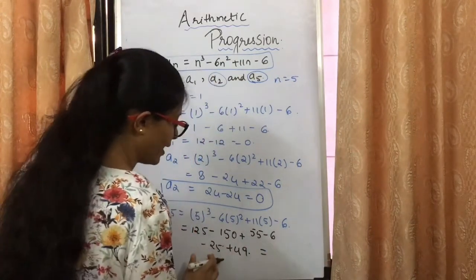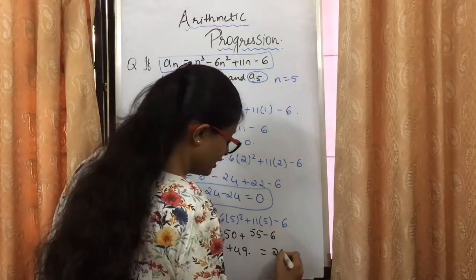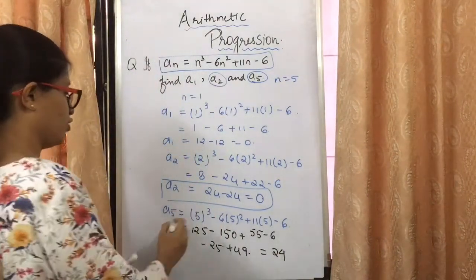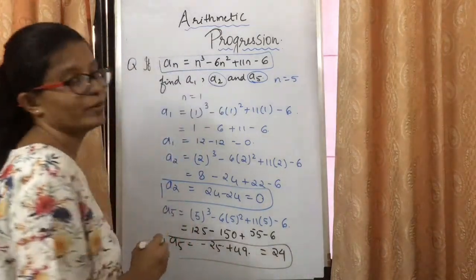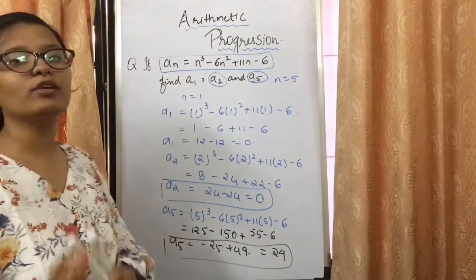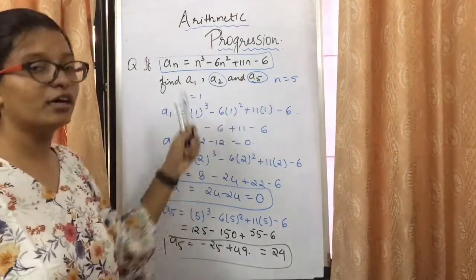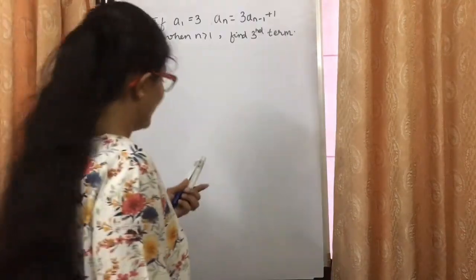And the answer for minus 25 plus 49 comes out to be 24. So the answer for the a5th term for the series comes out to be 24. So this is the way if the nth equation is given and the different terms for the series are asked in the question. Now let's see this sum.